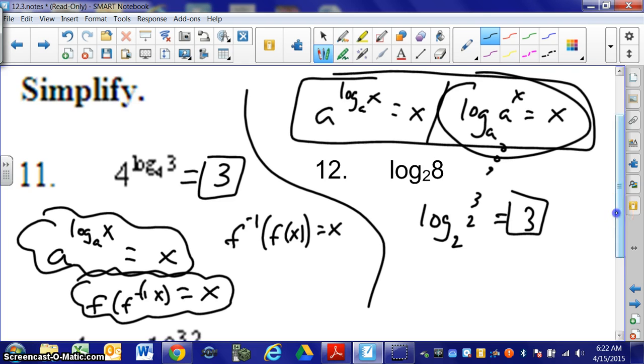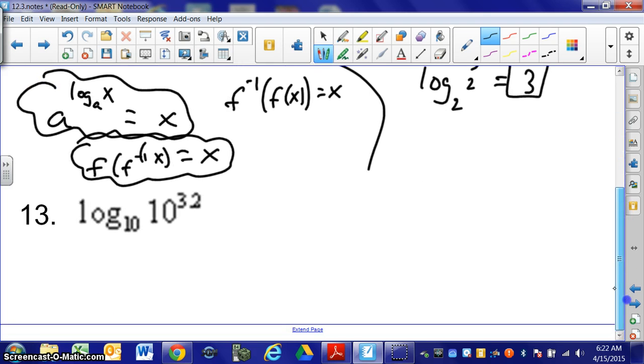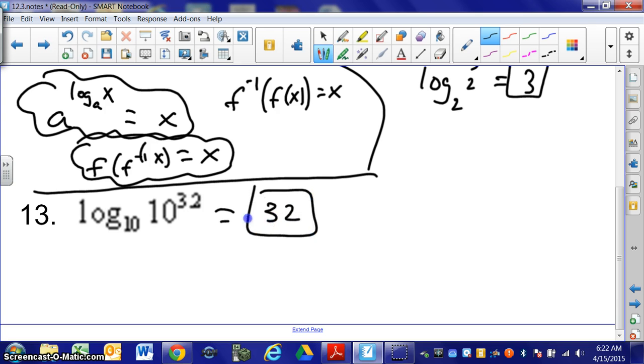Log base 2 of 8 is 3, because 2 to what power equals 8. Alright, and then here I have log base 10 of 10 to the 32nd power. The base 10 and the 10 raised to the 32 are inverse operations, therefore my answer is 32.